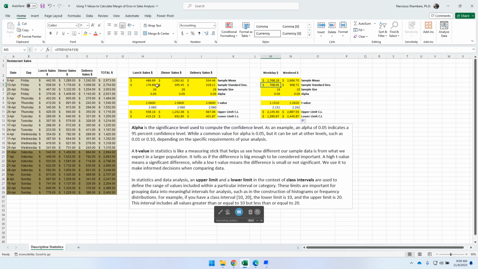Lunch sales are much more predictable than dinner sales and delivery sales, and weekend sales are also much easier to predict, as we can see the data dispersion is a little bit lower there as well.